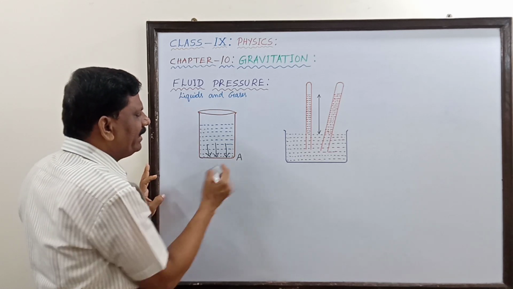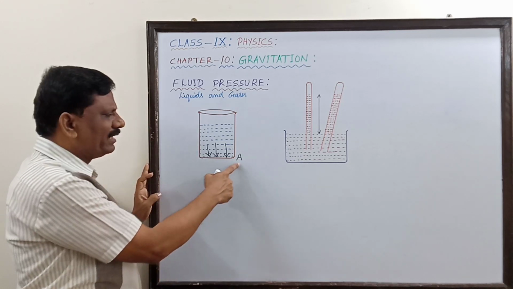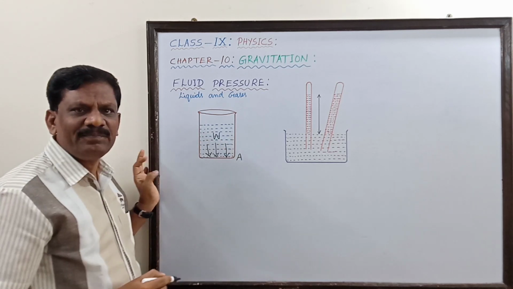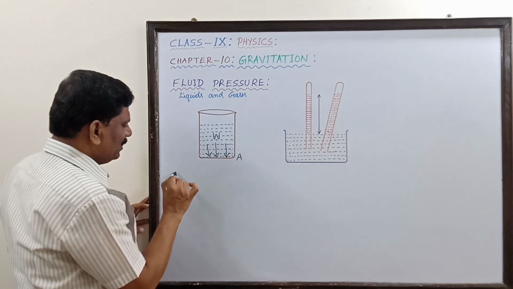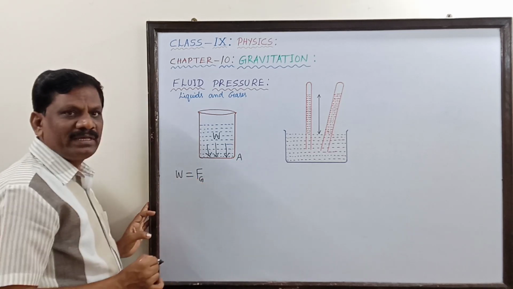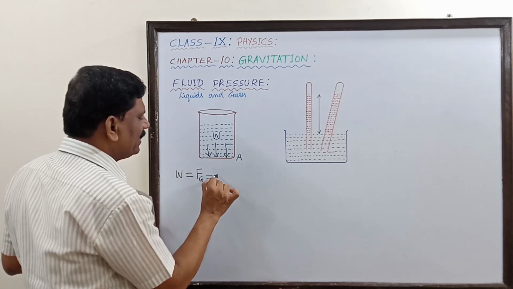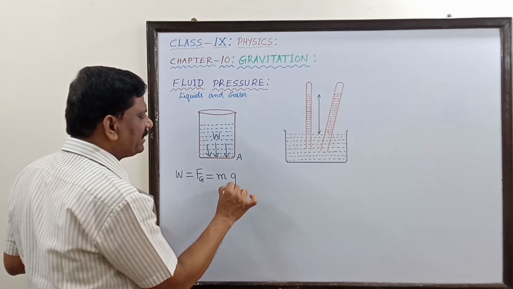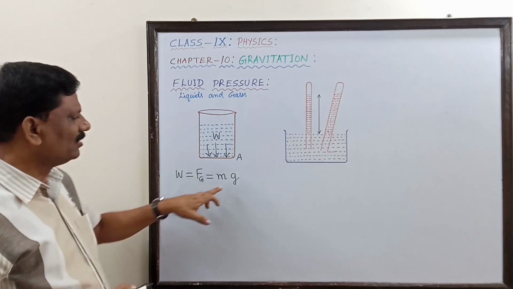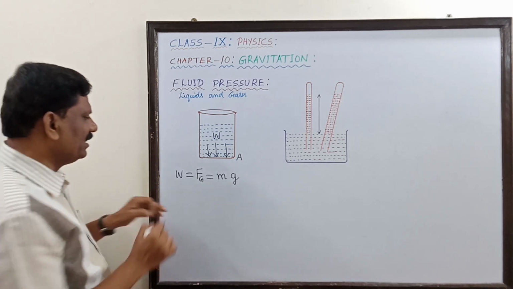So let the area of the bottom of this beaker be capital A, and W is the weight of the water. Now weight is nothing but the gravitational force, and this is equal to mass into acceleration due to gravity.